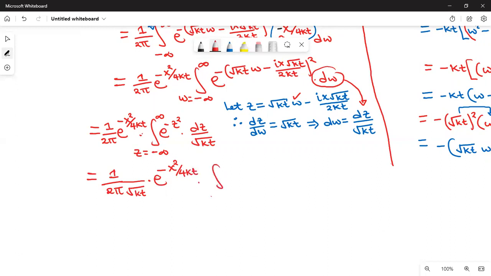Then the integral from z equals negative infinity to positive infinity of exponential negative z squared dz.